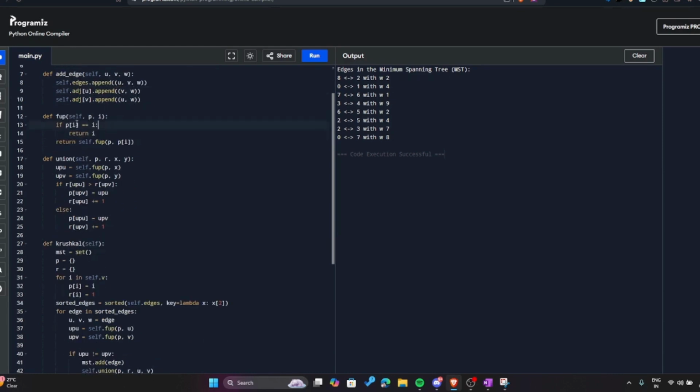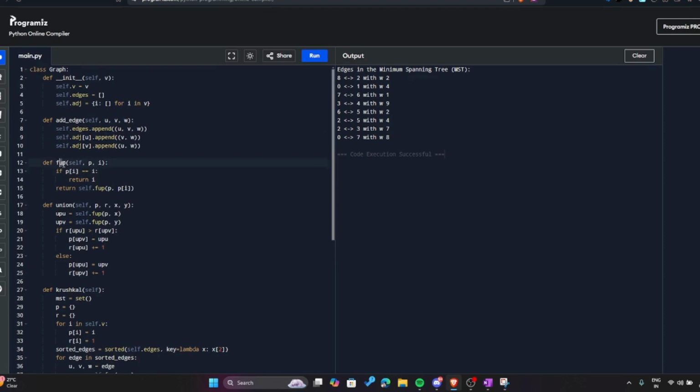Okay. And the next step is FUP. What does FUP stand for? I mean, you can basically name it however you want. What I mean by it is find ultimate parent of whatever you're trying to find. The self is a very important thing to put in, so that you are addressing the graph that you are trying to address.